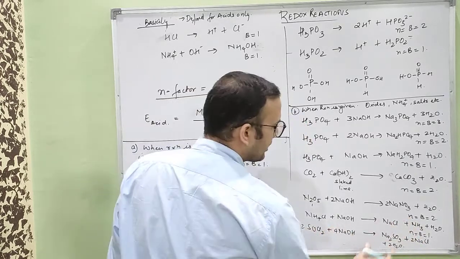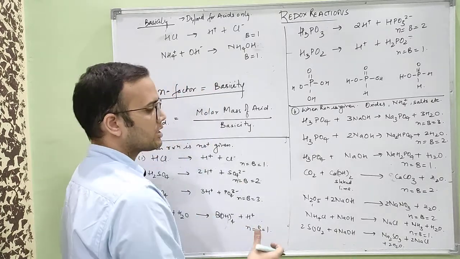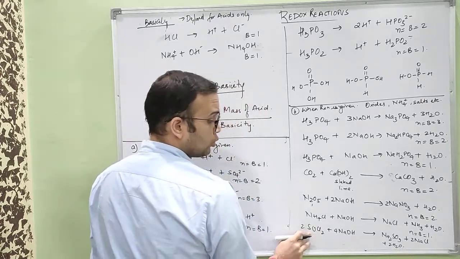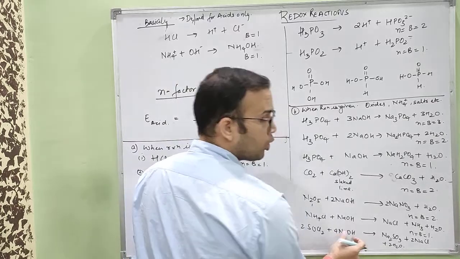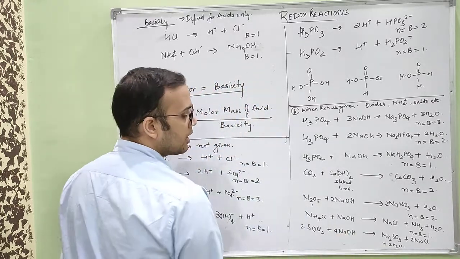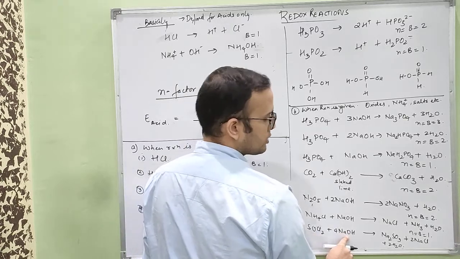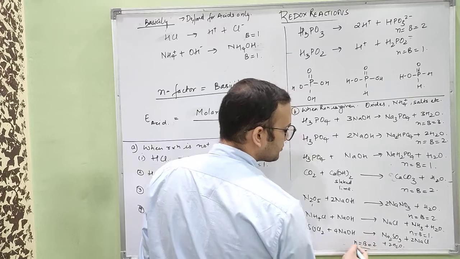So the reaction will be given, you might have to balance it, like I am balancing it. Here you can see that 2 moles of SOCl2 combined with 4 moles of OH minus ions. That means per mole of SOCl2 it is combining with only 2 moles of OH minus ions. Here you can say that N equals B equals 2.